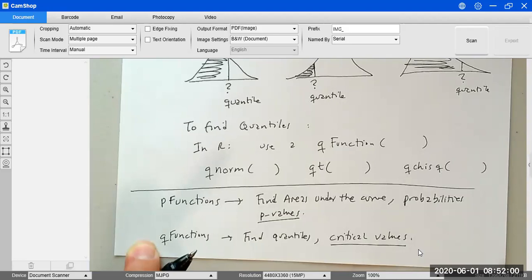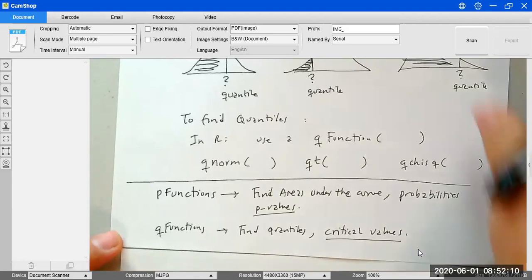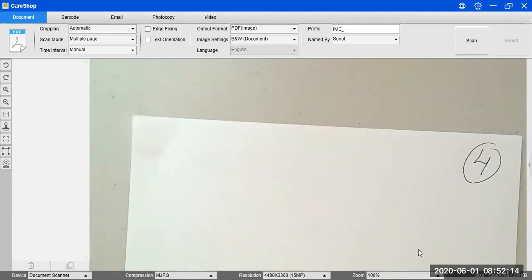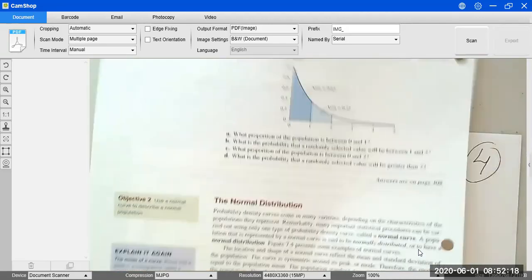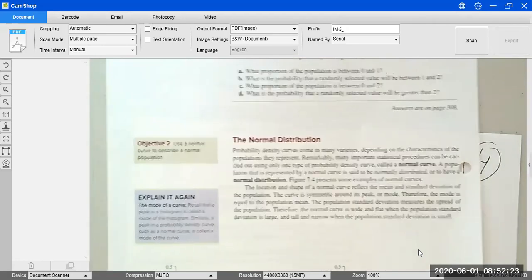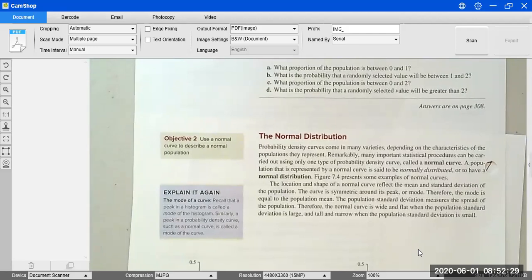So we're going to start now working with the normal distribution. So let's see. This is on page 296. So let's check page 296. Yeah, on page 296, we're going to start working on the normal distribution.